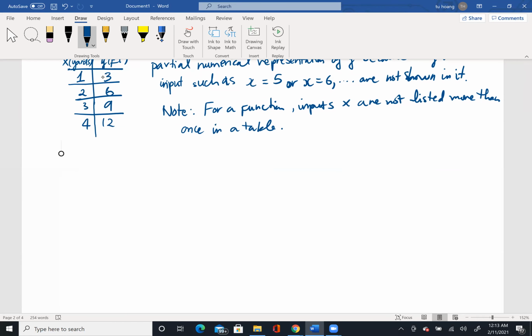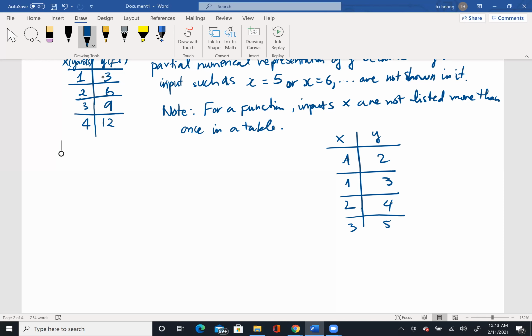If I have a table like this, here's X, here's Y, I have 1 and Y equal 2, I have another 1, I have 3 here, and 2 I have 4, and 3 I have 5, something like that.